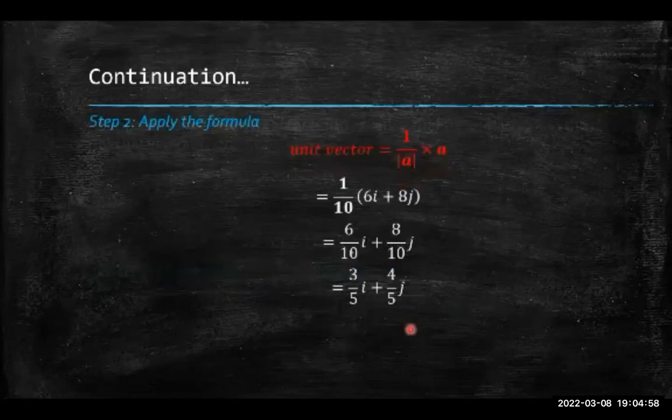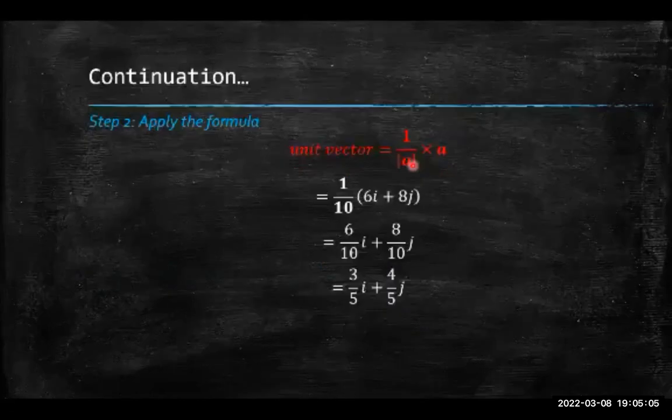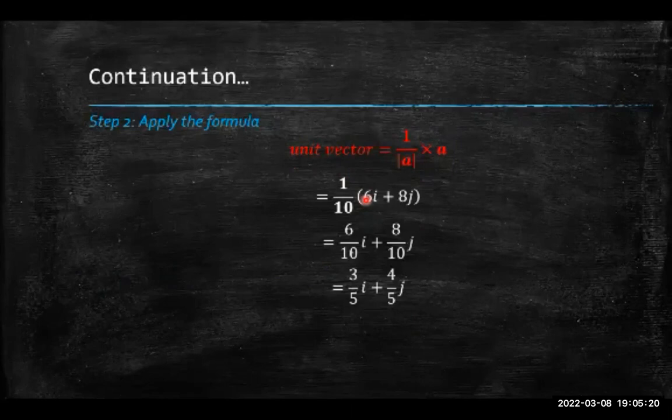And then the second and final step is to apply the formula. Unit vector is equal to 1 over the magnitude you just found, multiplied by the vector that they gave you. We just found that the magnitude of the vector is 10. So you say 1 over 10 multiplied by the vector, 6i hat plus 8j hat.